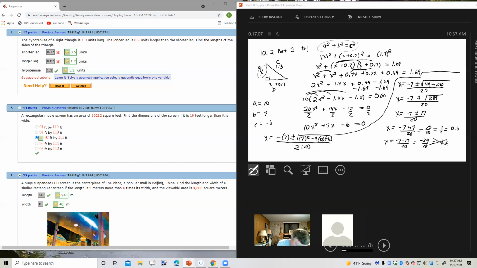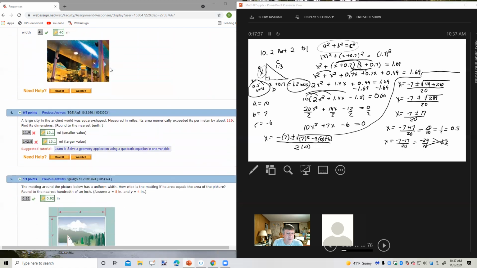So x is going to be 0.5 units. x plus 0.7 would be 1.2 units. So in answering the question, the shorter leg would be 0.5 units. The longer leg would be 1.2 units. And the hypotenuse, which was given, is 1.3 units. Any questions on this problem before we go on and look at another one?